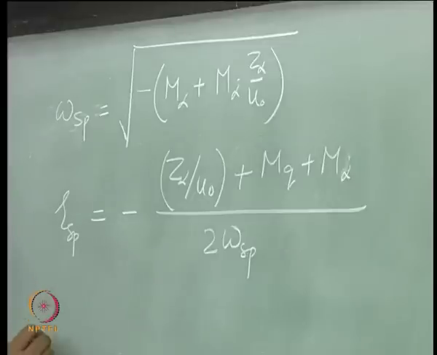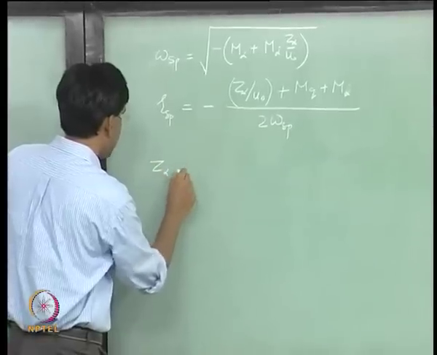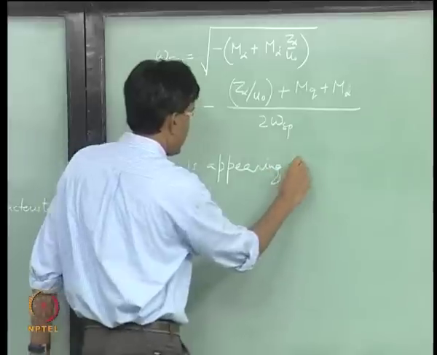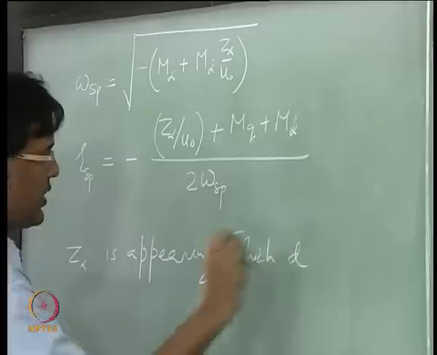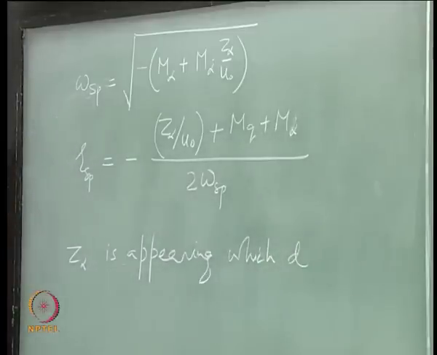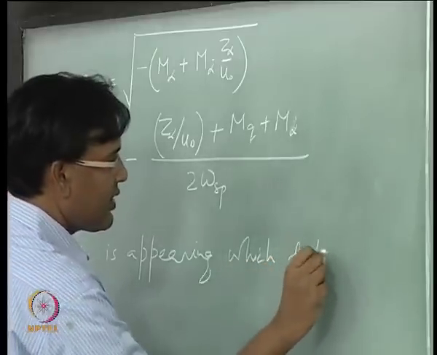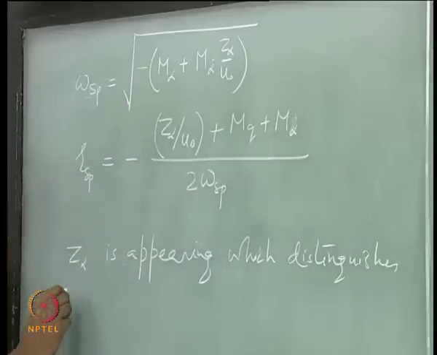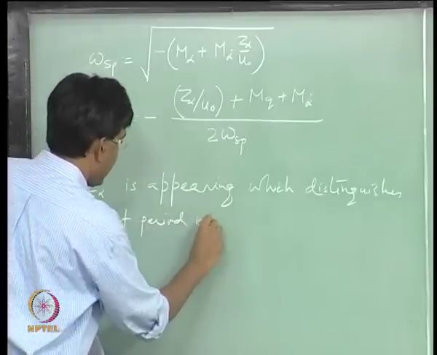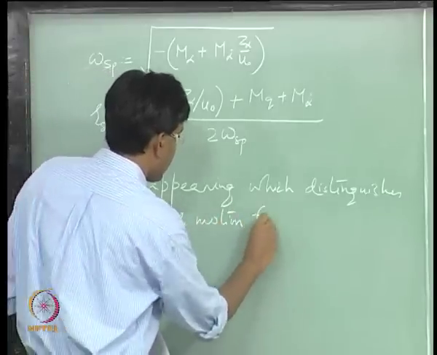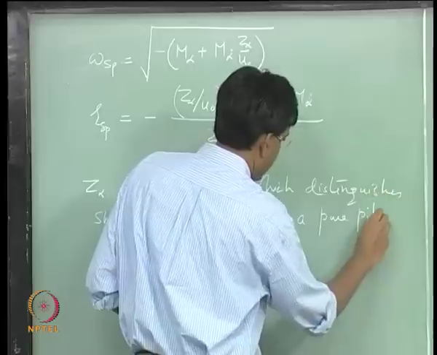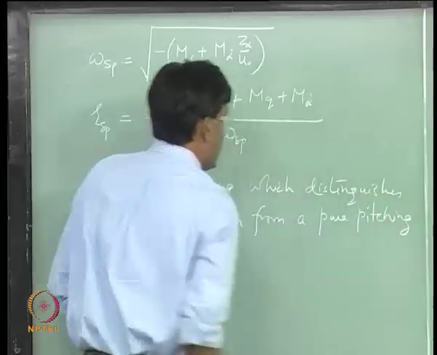So here this Z alpha is appearing, which distinguishes the short period motion from a pure pitching motion.